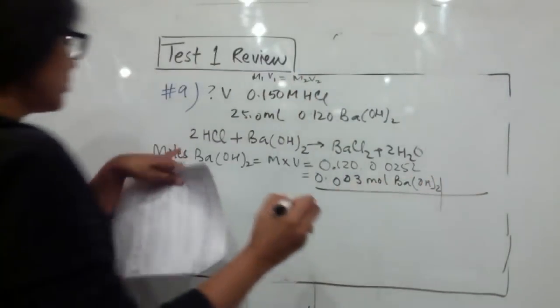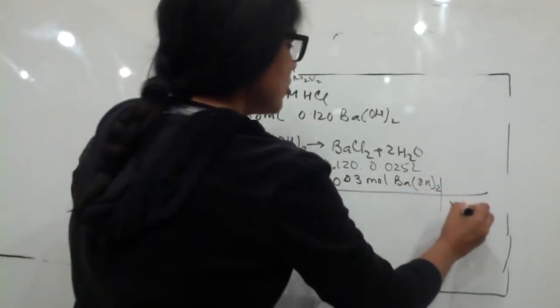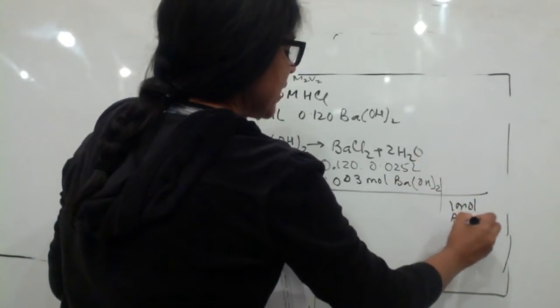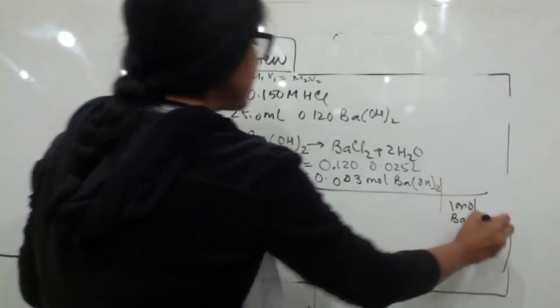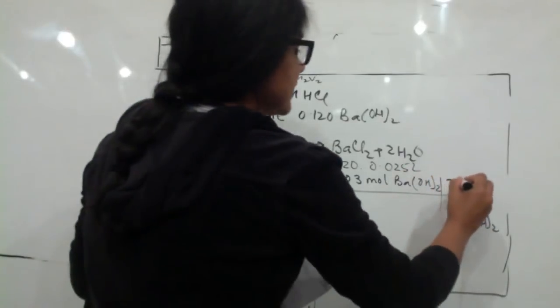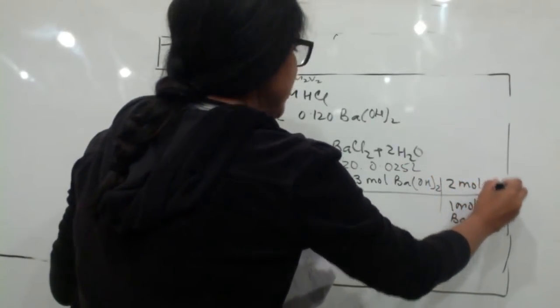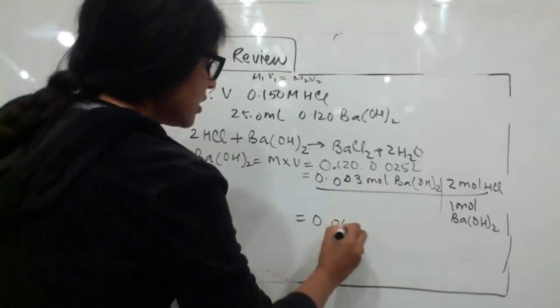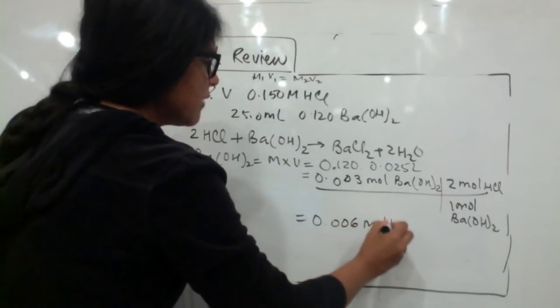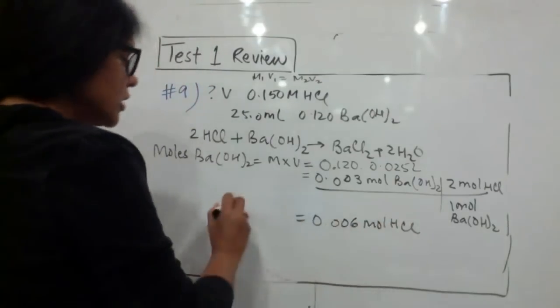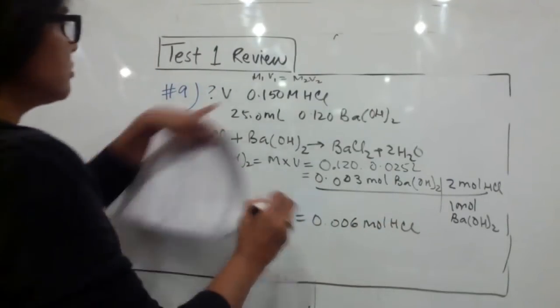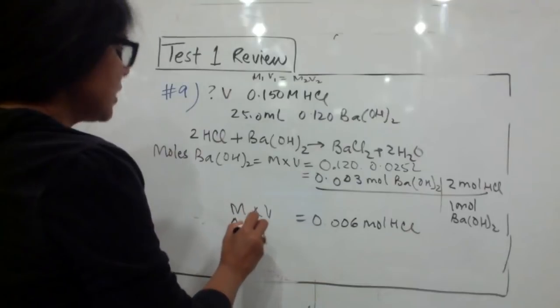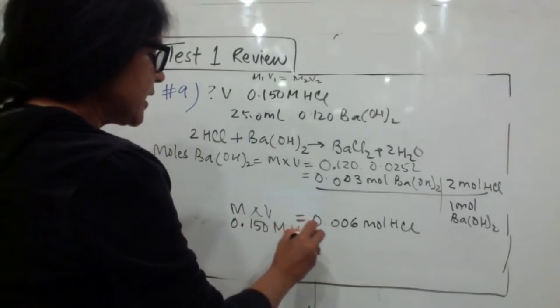Now you know that 1 mole of BaOH twice is needed for 2 moles of HCl. So you have 0.006 moles of HCl, and you know moles is molarity times volume. We have 0.150 molarity of HCl.